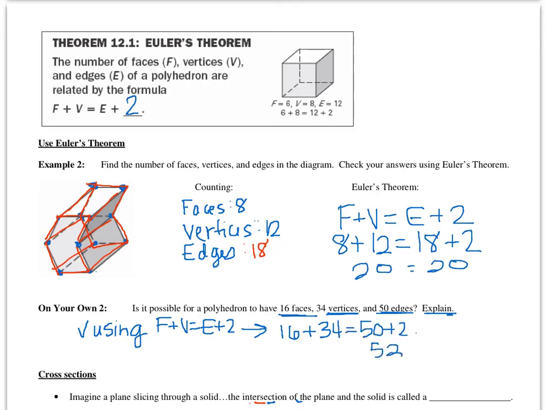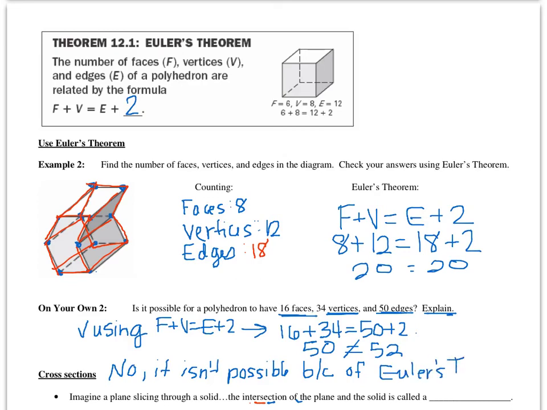So this is 52. 16 plus 34 is 50. Those are not equal, so no, it isn't possible because of Euler's theorem.